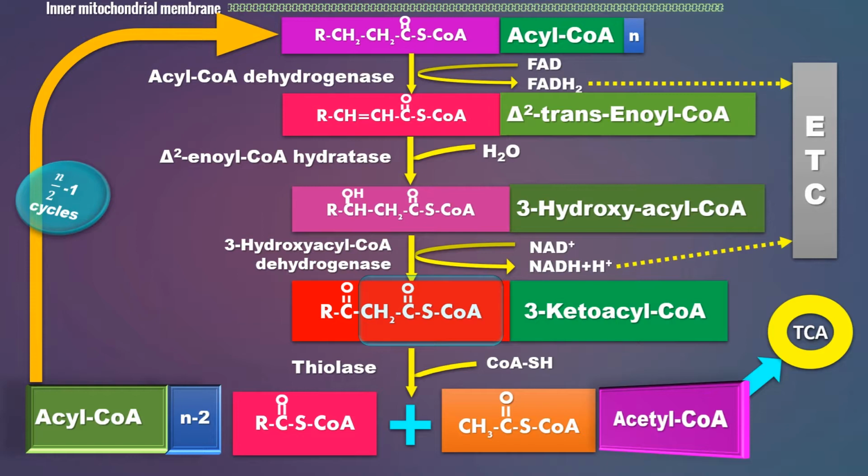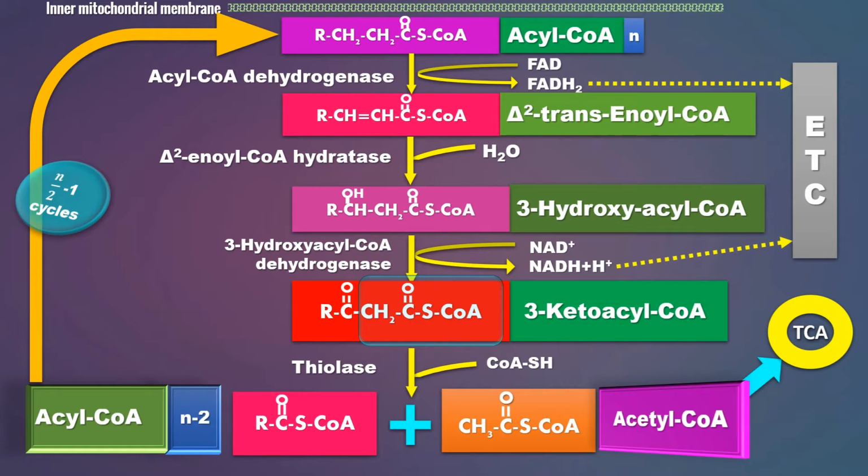So this acetyl-CoA enters the citric acid cycle to give ATP, carbon dioxide and water, and through the electron transport chain. You should also remember, in this pathway large quantities of reducing equivalents like FADH2 and NADH are generated and are used to form ATP by oxidative phosphorylation.